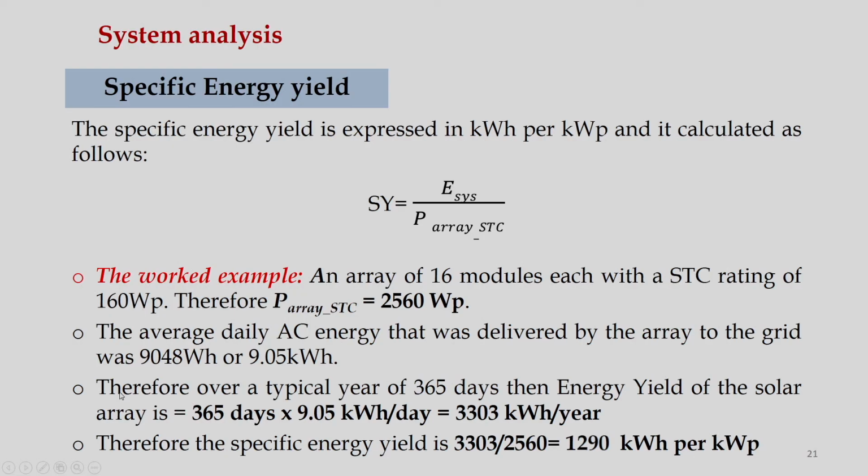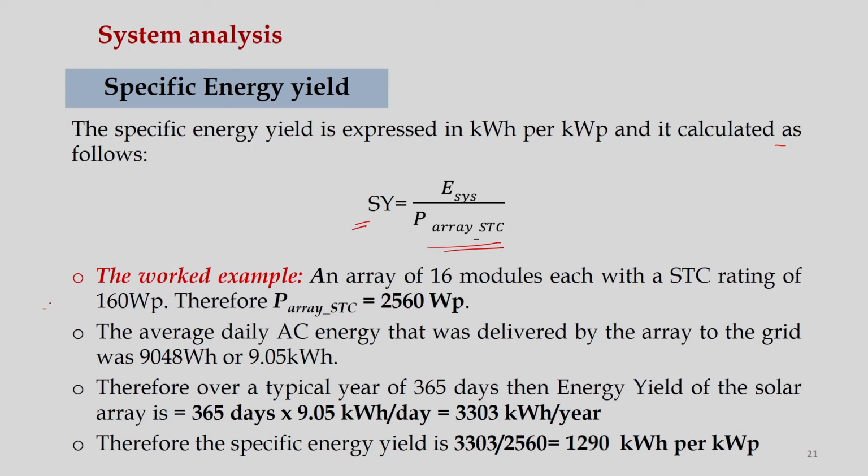Now, we will calculate what is specific energy yield. This specific energy yield is expressed in kilowatt hour per kilowatt peak and is calculated as follows. This SY is nothing but E system, that is yearly, and P array under standard test condition.